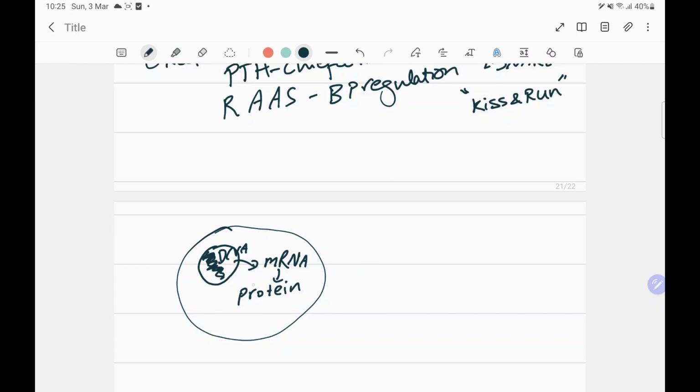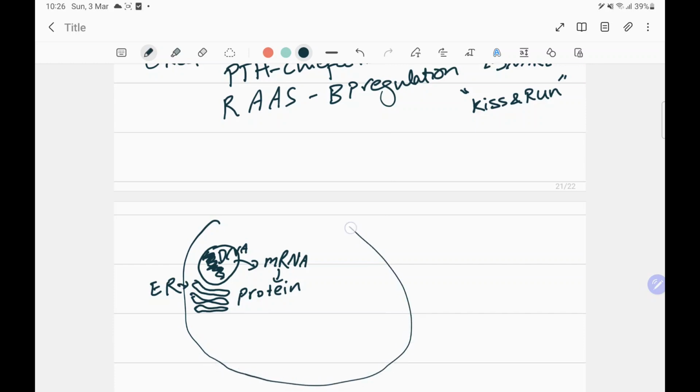Now these proteins, where are they? They are made, and then they are going to go to the endoplasmic reticulum of the cell. ER, endoplasmic reticulum. They're like little stacks over here, and after the ER there is something called, let's draw in a different color, make this cell a little bigger.